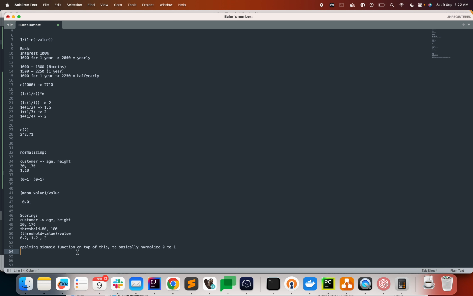That is the formula for the sigmoid function, which is 1 divided by 1 plus e power minus the score. Let's say the above one is the score that we calculated.